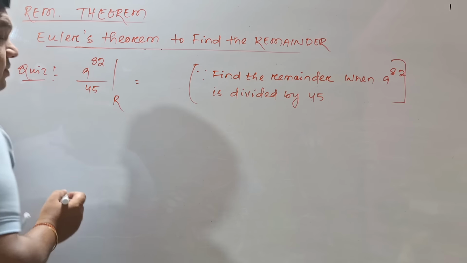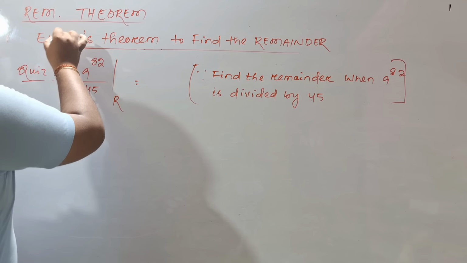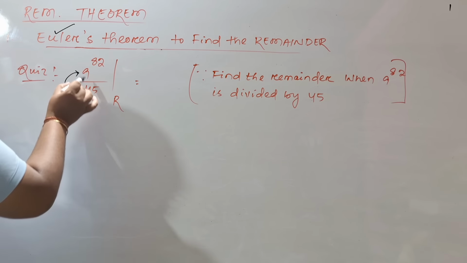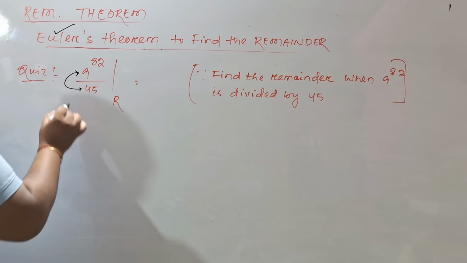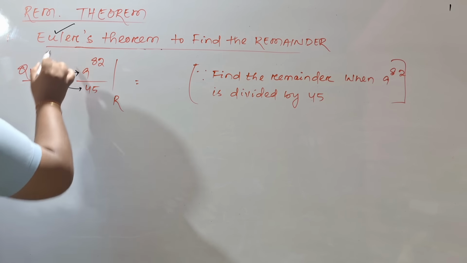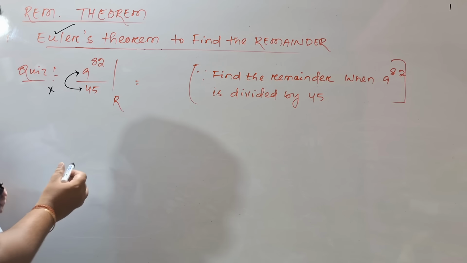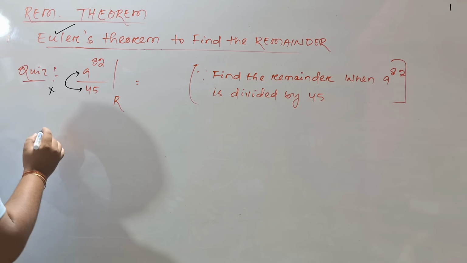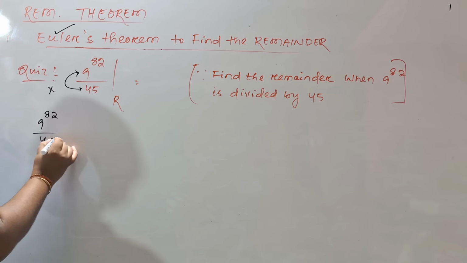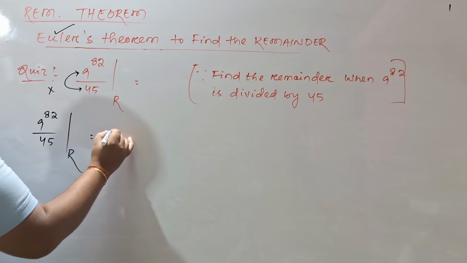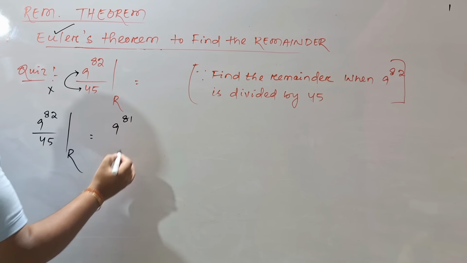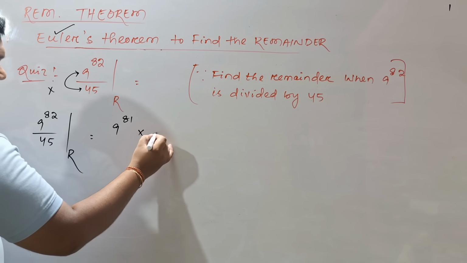So again, when I apply Euler's theorem, I have to check whether these two numbers are co-prime or not. But here 9 and 45 are both multiples of 9. So here the GCF is 9, so they are not co-prime. That means you cannot apply Euler's theorem directly, so I have to make a certain modification. 9 to the power 82 can be written as 9 to the power 81 into 9.